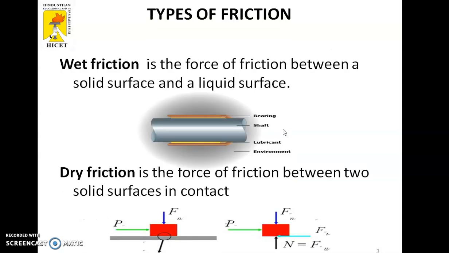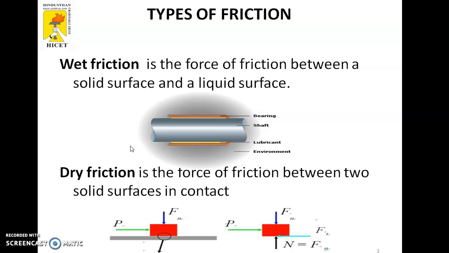Next, we go to the types of friction. Generally in the world, we have only two types of friction. One is wet friction and another is dry friction. Wet friction is the force of friction between a solid surface and a liquid surface.